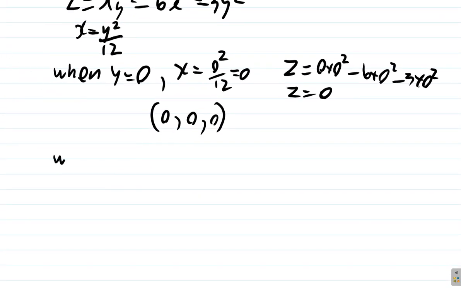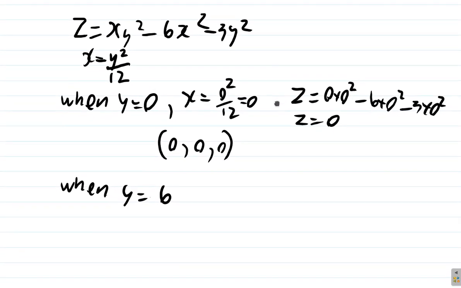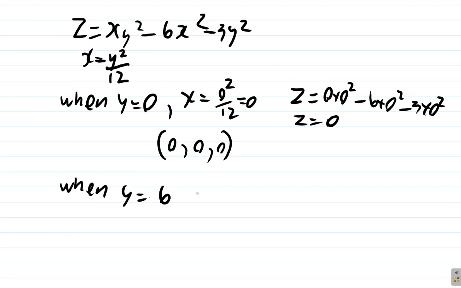Now, when y is equal to 6, remember one of them was 6, x is equal to 6 squared over 12, which is 36 over 12, which is 3.